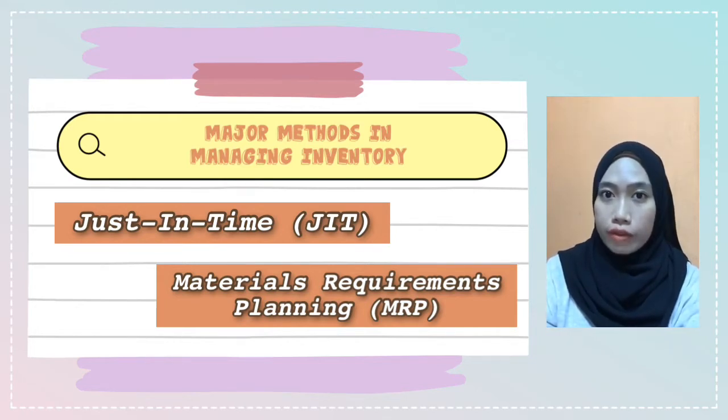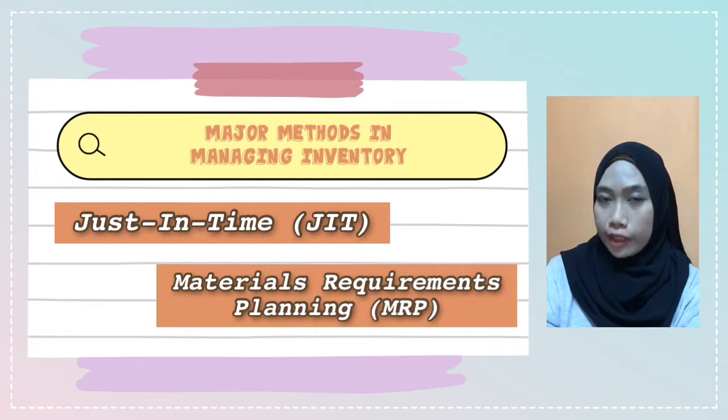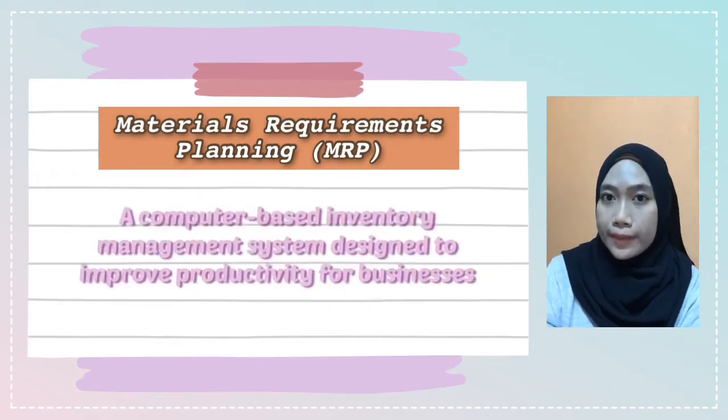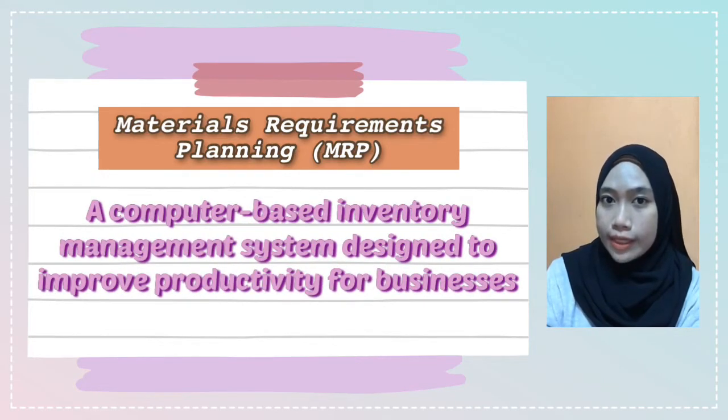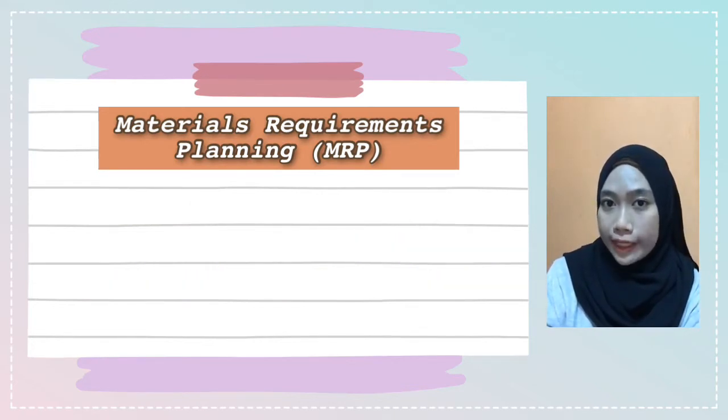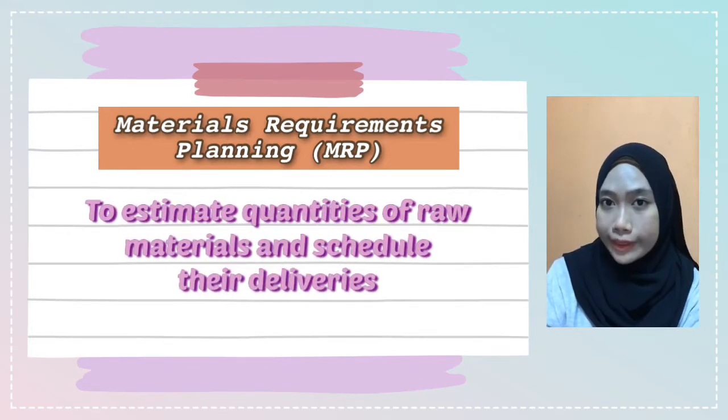For now, I will brief you on what MRP is. MRP is Material Requirements Planning. MRP is a computer-based inventory management system designed to improve productivity for business. Companies use Material Requirements Planning (MRP) systems to estimate quantities of raw materials and schedule their deliveries.